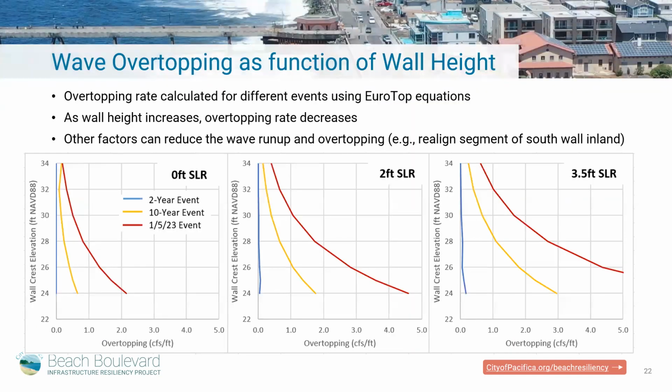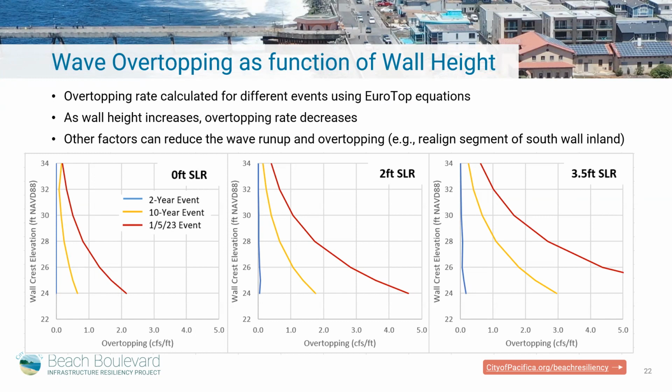Now to dial into the wave overtopping and the real technical meat behind it, this slide is trying to show the amount of analysis that we've done to help inform how high the wall should be to reduce this flood risk.